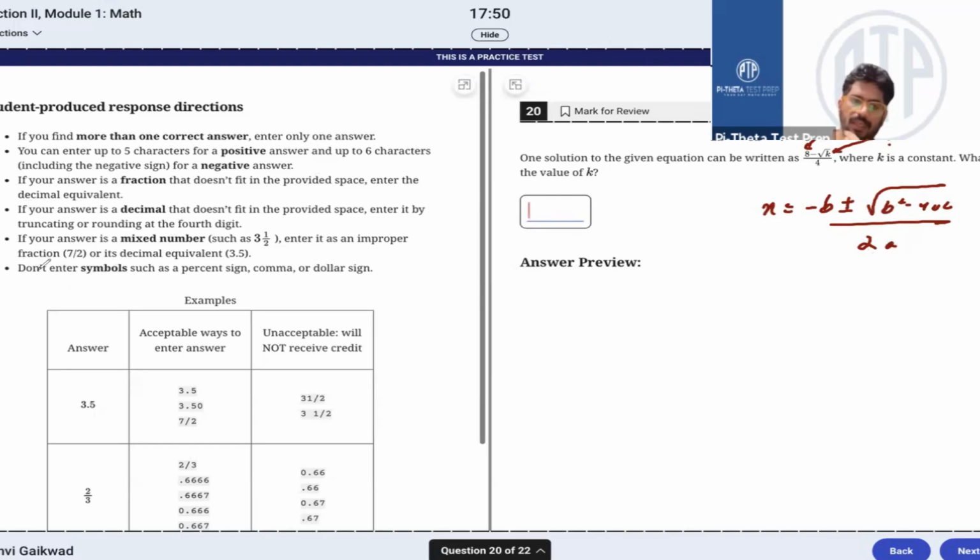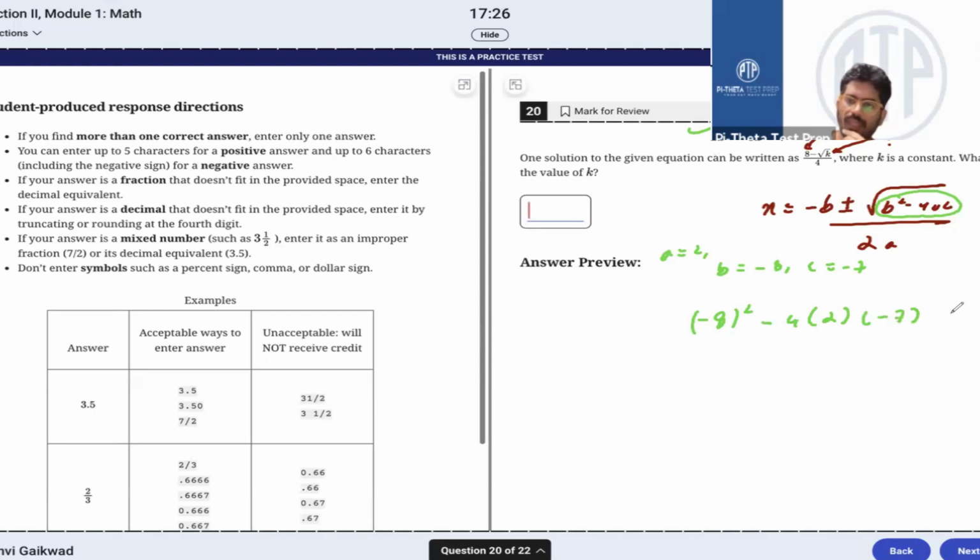The value of k is nothing but the discriminant, right? So the discriminant is b squared minus 4ac. I will just do negative 8 whole squared. Why? Because your a is 2 here, your b is negative 8, and c is negative 7, if you equate this with the standard form. So negative 8 whole squared minus 4 into 2 into negative 7.